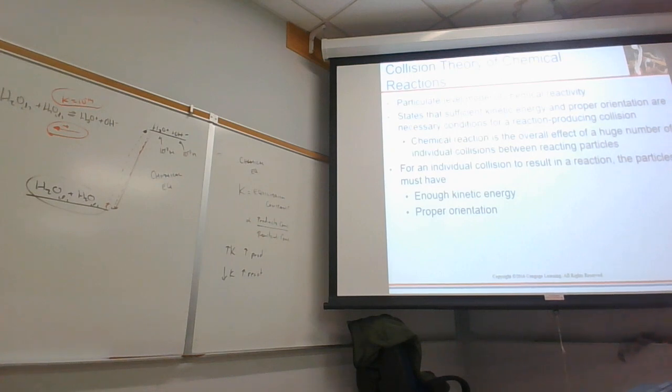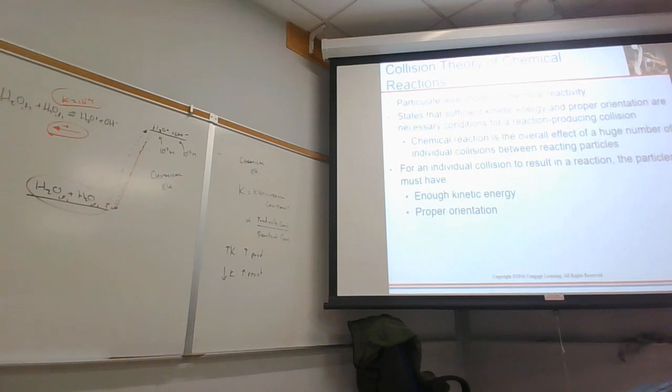So if we look at the 2 water molecules here, we need the oxygen to attack the hydrogen on the other. But if we have the 2 oxygens collide and they have enough energy, we aren't going to get any reaction. Here the oxygen tries to attack the oxygen, nothing's going to happen, so there's no reaction here.